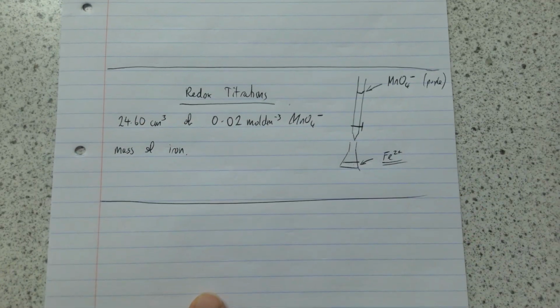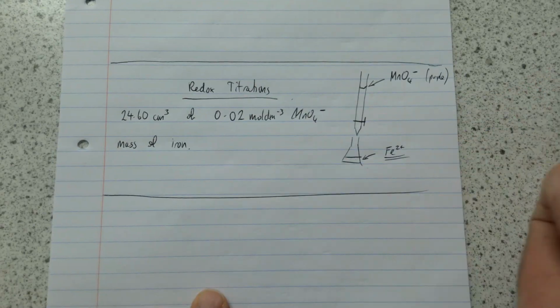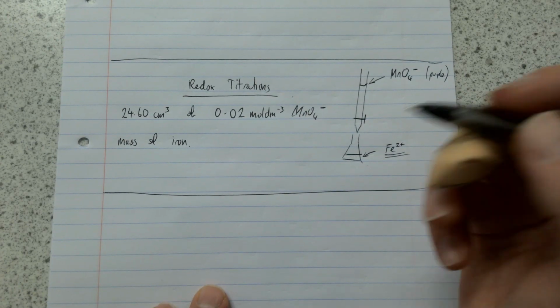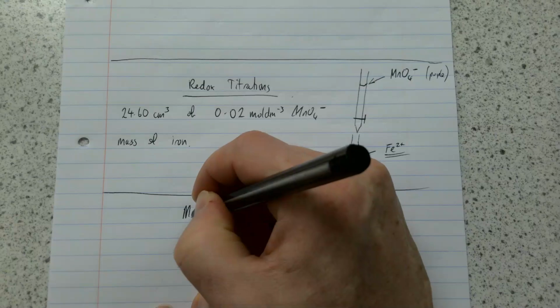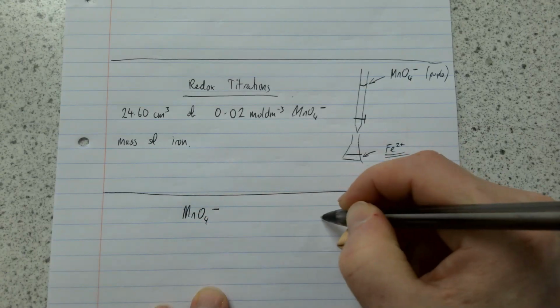So let's work that through. The first thing you've got to do is work out the half equations and combine them to get an overall balanced equation. I'm going to speed that process up by just telling you, because we've done plenty of these already today.